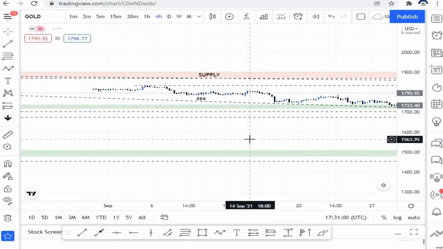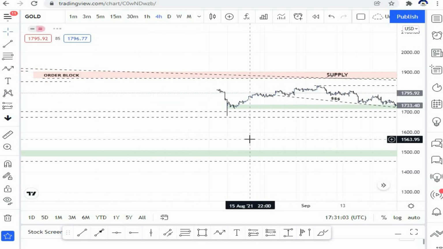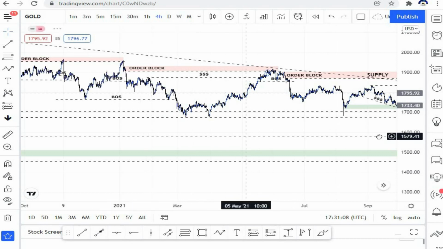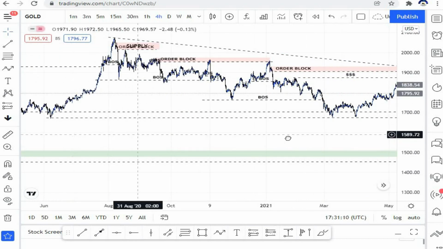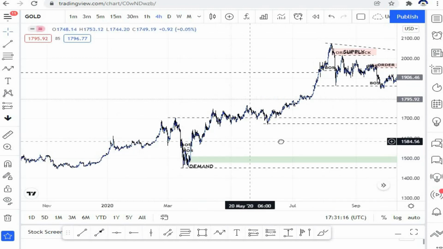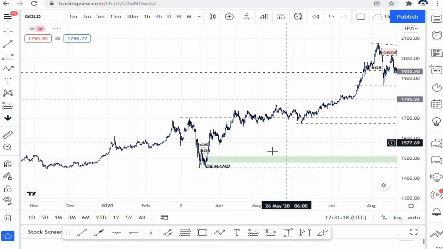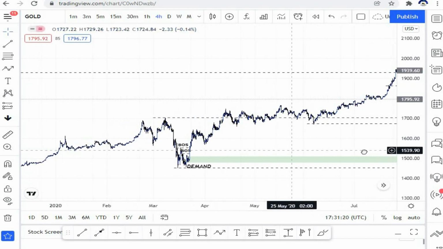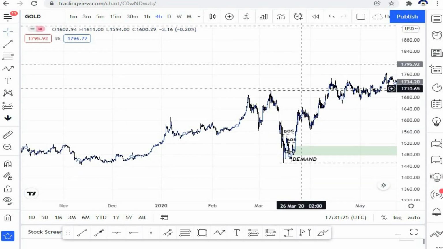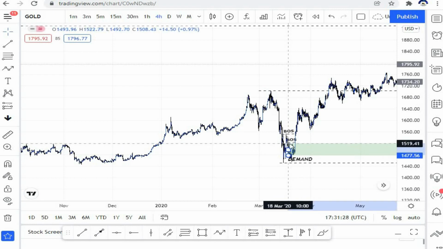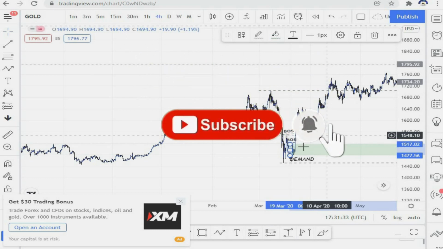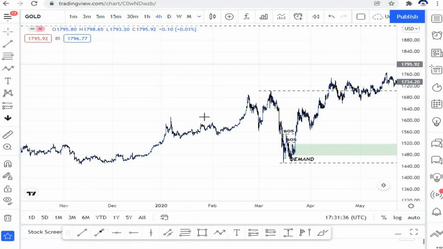Let me just zoom in. It will now become easier for you to understand. As you can see here, around this zone, the OB was responsible for breaking those structures, right? It was this one, meaning we can go with the price to that OB by only understanding that the OB was this one and it was never tested.